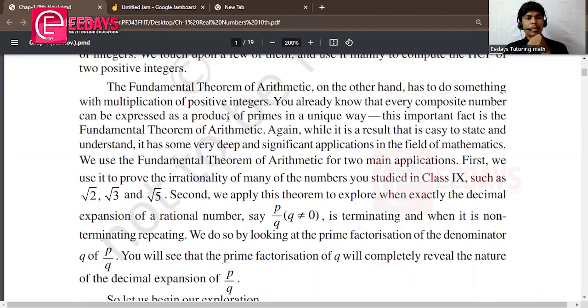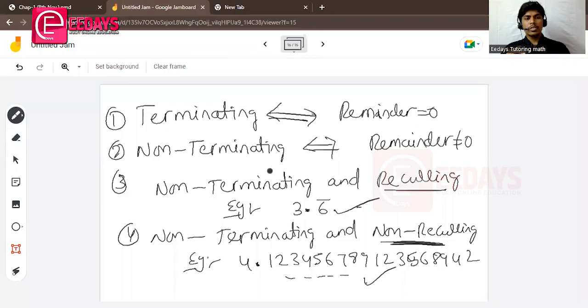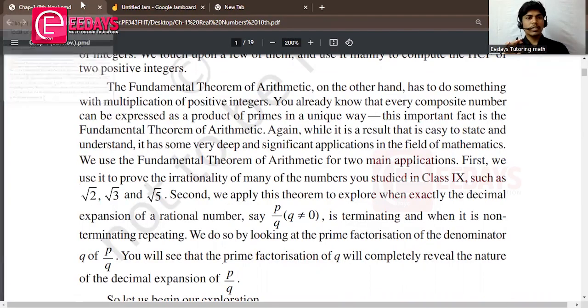I personally gave some example sums too, and we wrote the important points: how to define rational and irrational numbers, what terminating and non-terminating are, and operations on real numbers. All the things we already covered. So see all the material and all the videos once again.